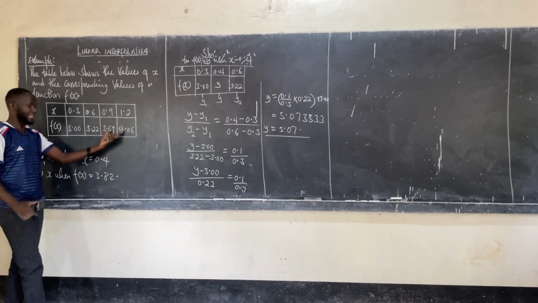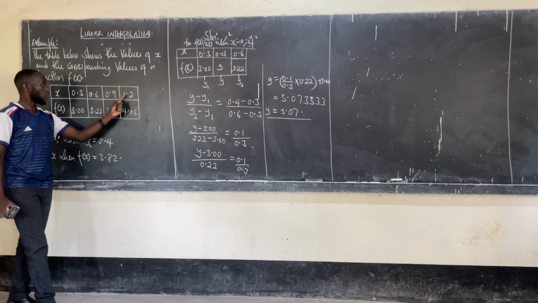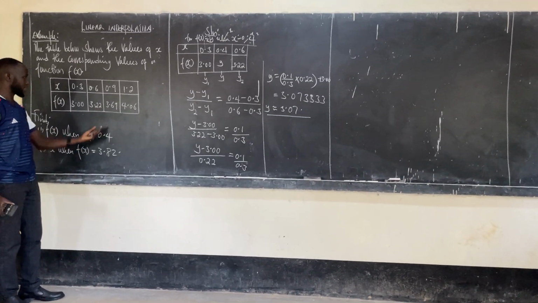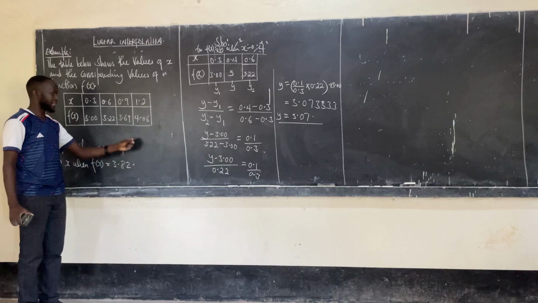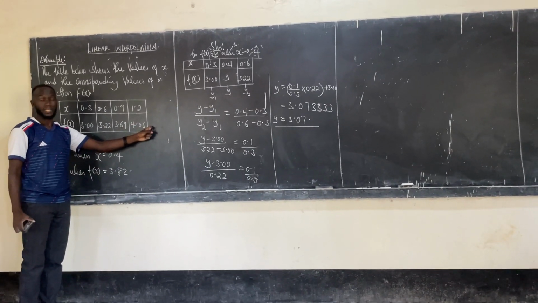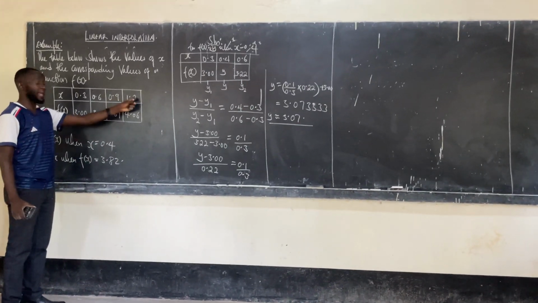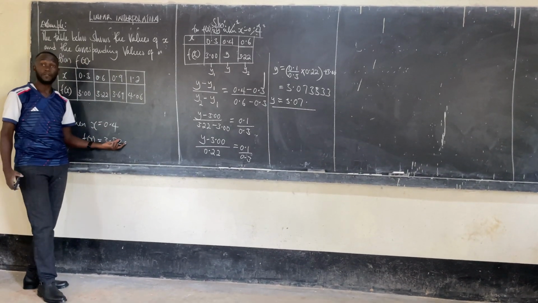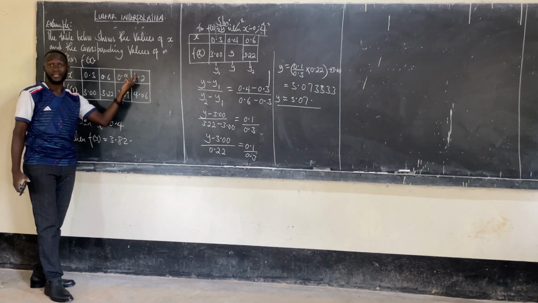So we're going to extract another table with known values 3.69, 3.82, and 4.00, whereby one value lies in between two successive values. So we need to find that figure here.